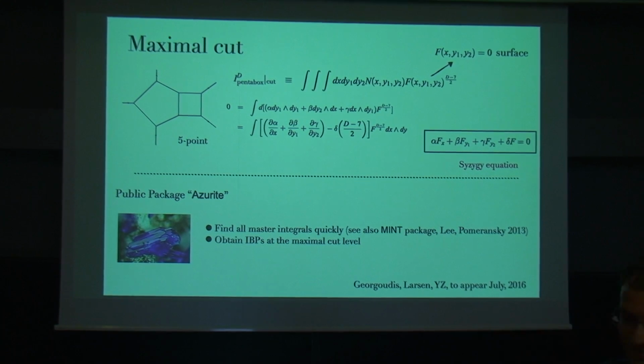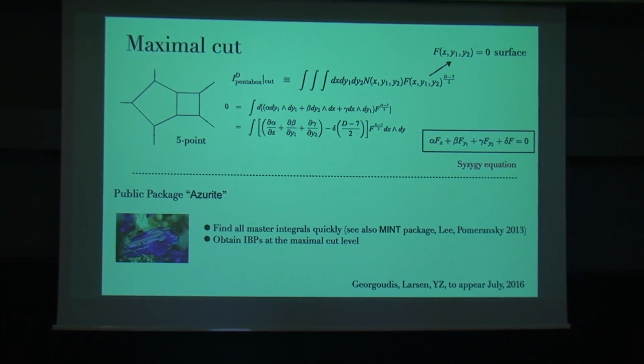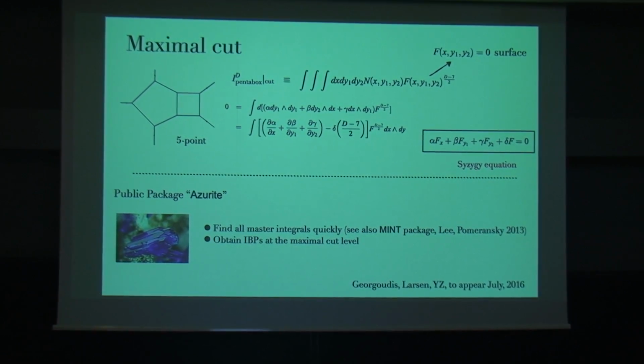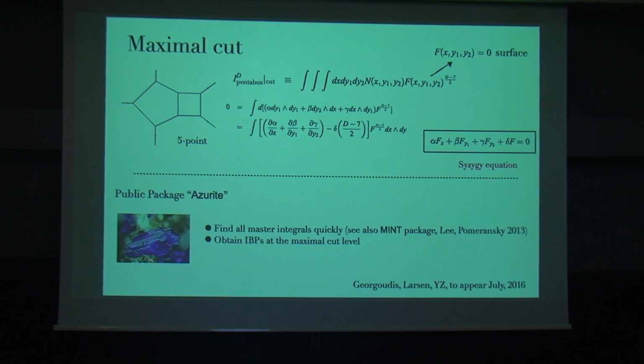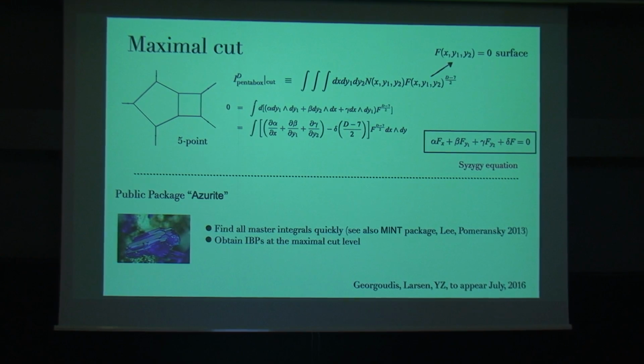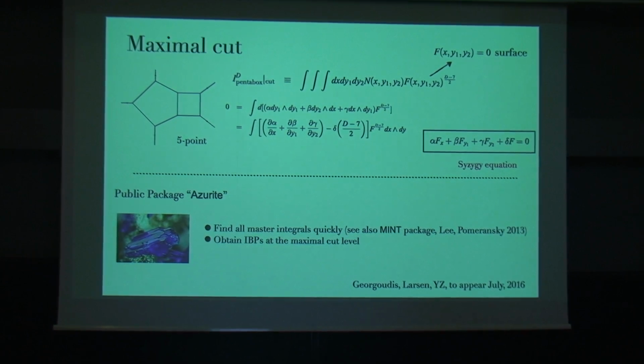We try to publish this package first, and then we try to combine this package with the current algorithm, reading the output master integral list for the result like this. And of course, if you consider everything numerically and do the computational algebraic geometry, actually it's quite straightforward.